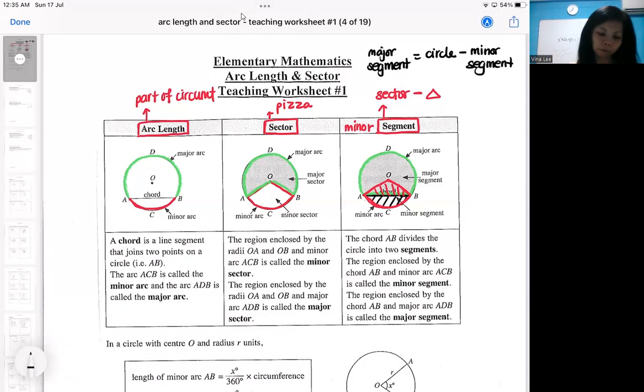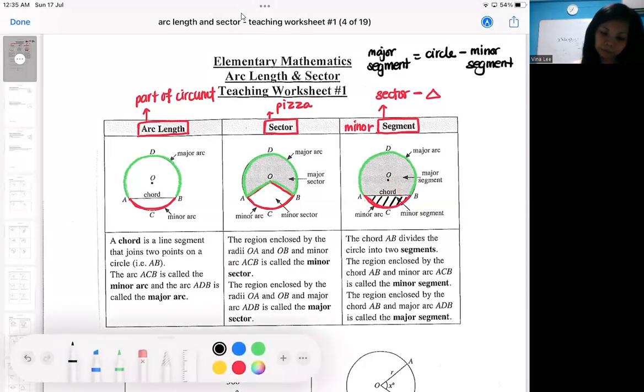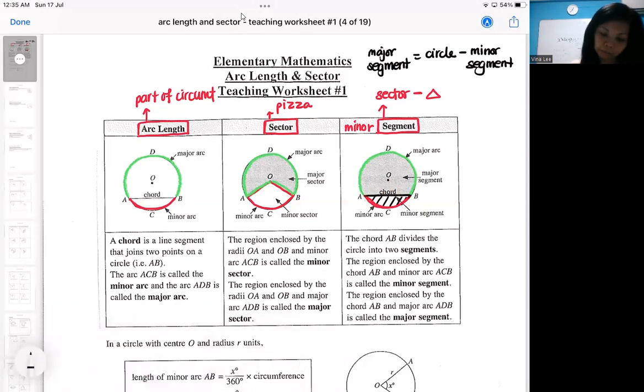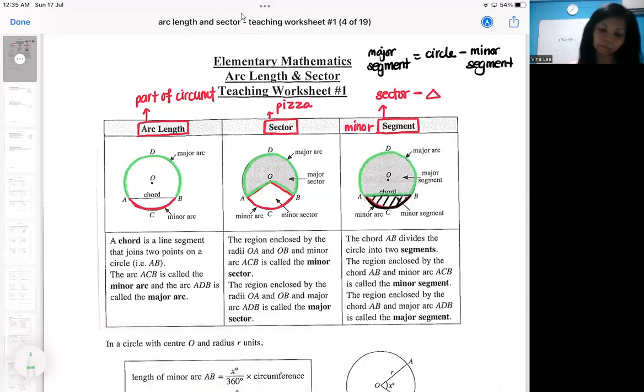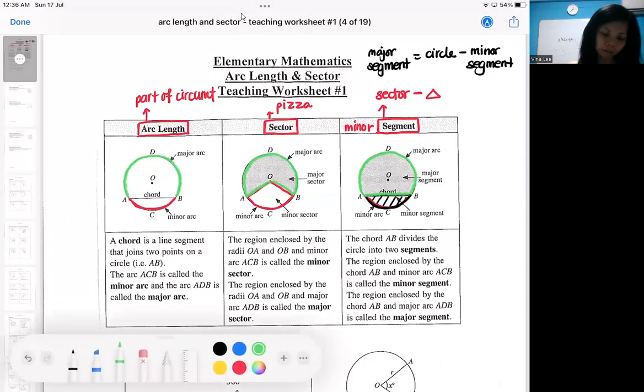This part is the minor segment. If you understood the minor segment as the sector minus away the triangle, then the major segment is just the full circle minus away the minor segment.